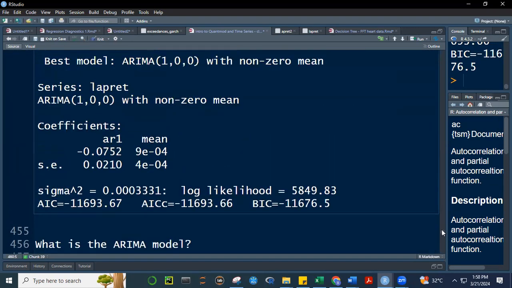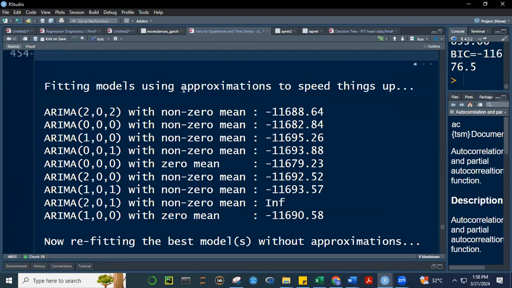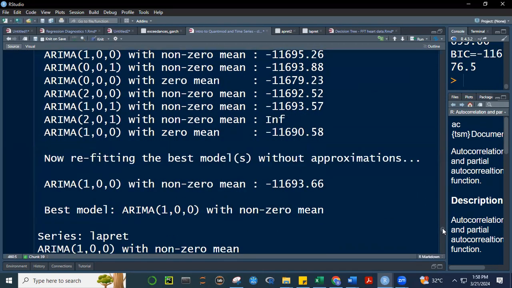Okay. So sabi niya, first models using approximations based on AIC, di ba? Based on AIC, ang lalabas na pinakamagandang model is this one. Okay, 679, 688. Pero dito class, rinefit niya.